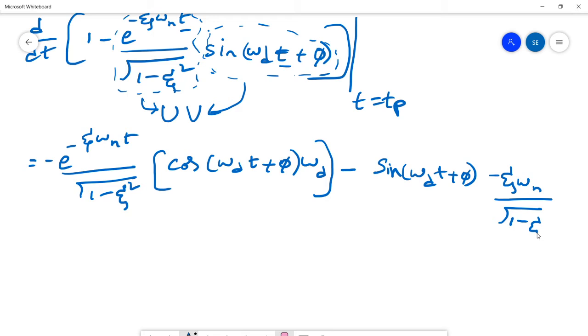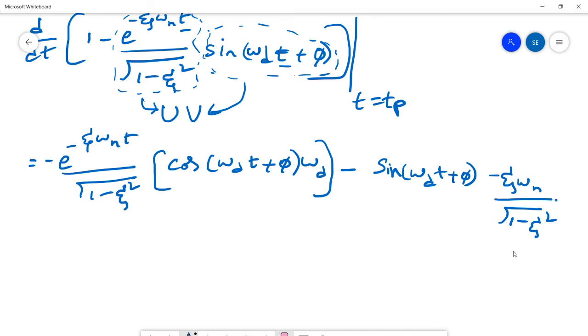The exponential derivative of e power xt is e power xt into x. Just correlate it with e power x.